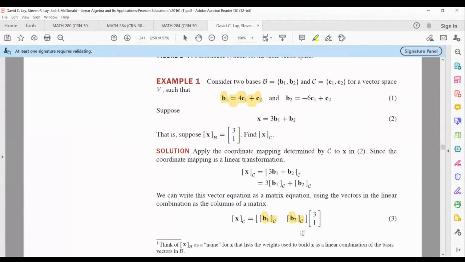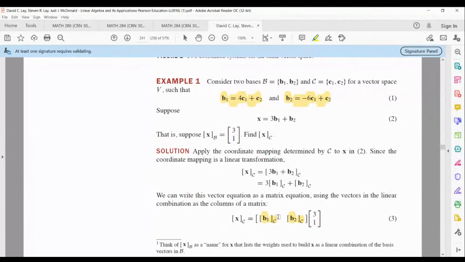What would the coordinate vector of b2 with respect to C be? That's right, Hung, (-6, 1). And that's because b2 is equal to -6 c1 plus 1 times c2.